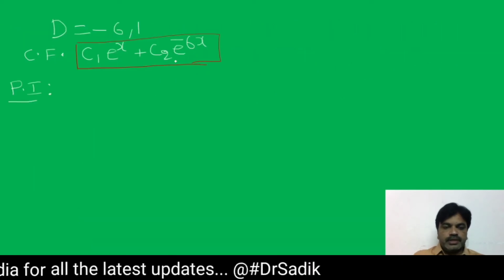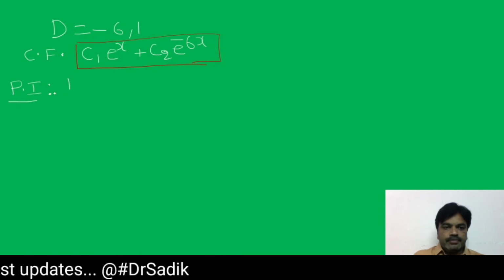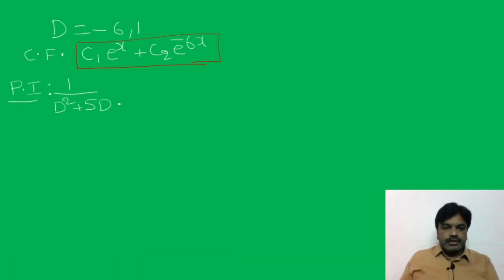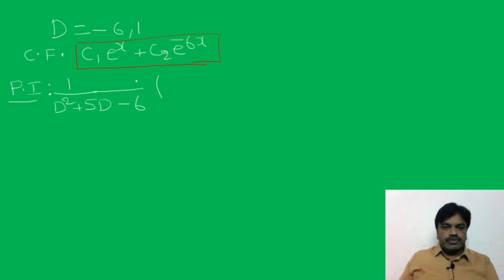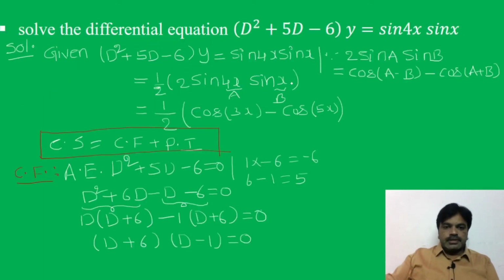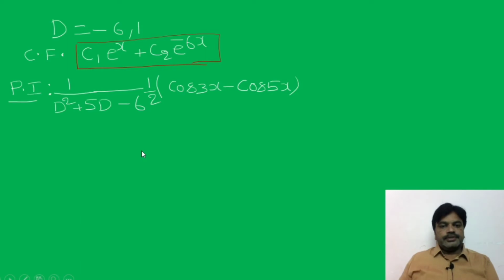So 1 by (D square plus 5D minus 6) into what we have here, 1 by 2 (cos 3x minus cos 5x), right.